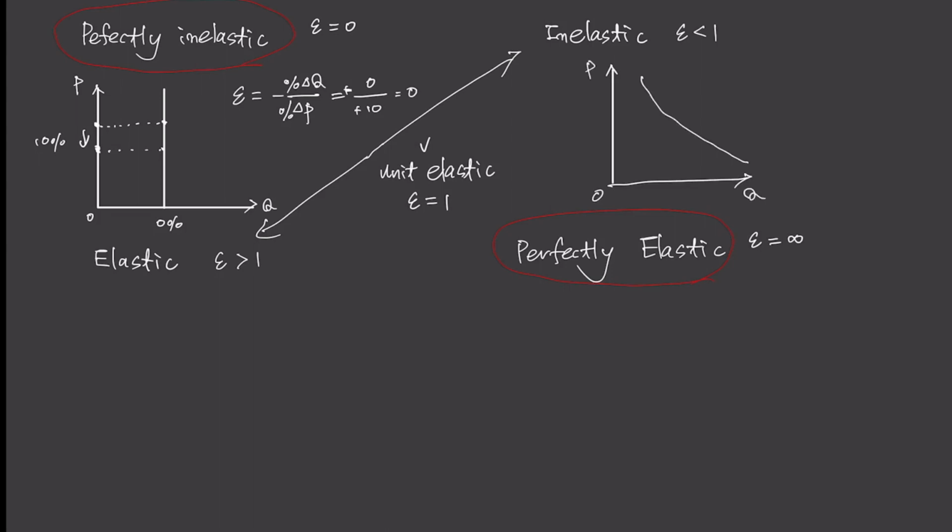A downward sloping demand curve. Let's say P0 to P1. It changes, as a simple example, by a 10% decrease, and then Q changes. Let's say only 8%, Q0 to Q1, it increases, but the percent increase is only 8%. Then we can write it down, right: 8% increase in quantity over a 10% decrease in price, so 0.8 is the elasticity. 0.8 is less than 1, right?